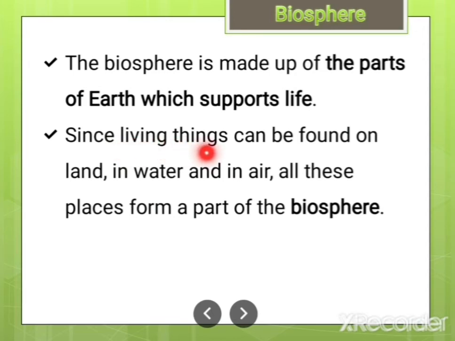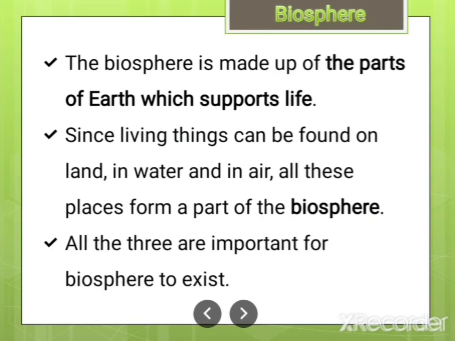Since living things can be found on land, in water and in air, all these places form a part of the biosphere. Lithosphere provides soil for living things to live, hydrosphere provides water, and the atmosphere provides air to breathe. Thus, all three are important for the biosphere to exist.